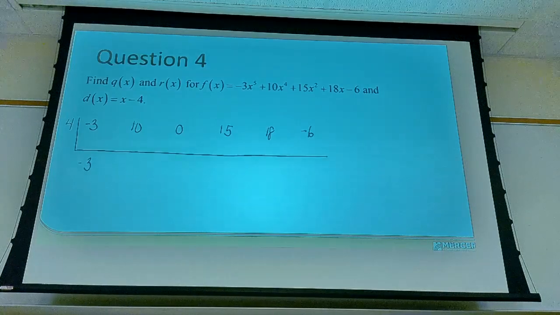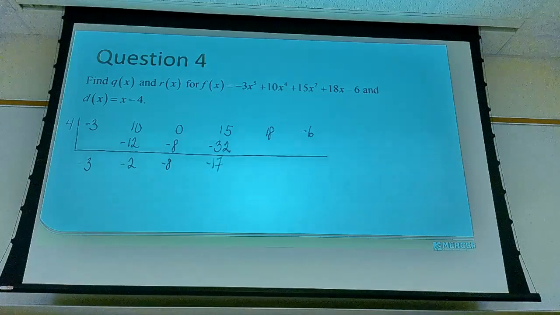Negative 3 times 4, plus 10, times 4, plus 0 times 4, plus 15, negative 17.